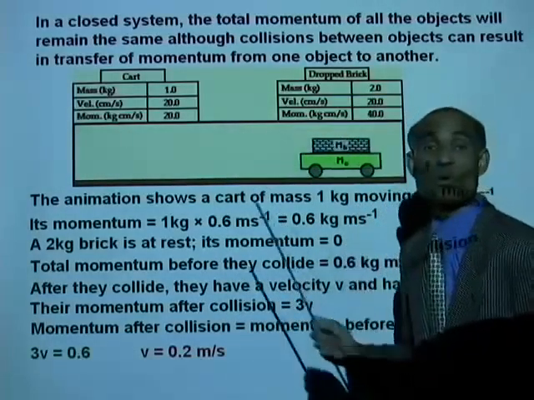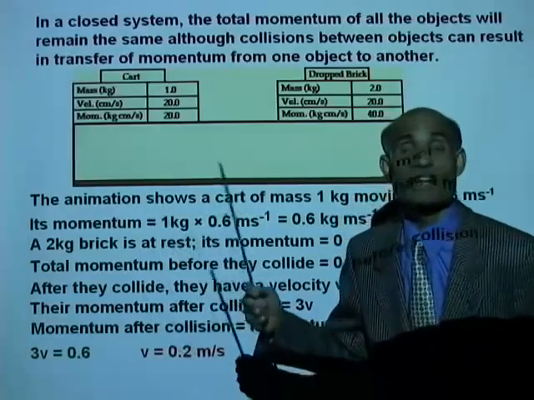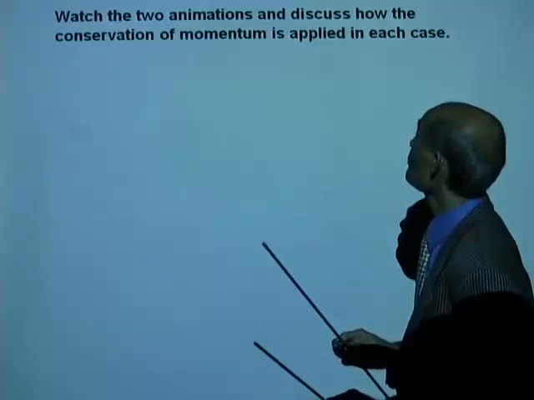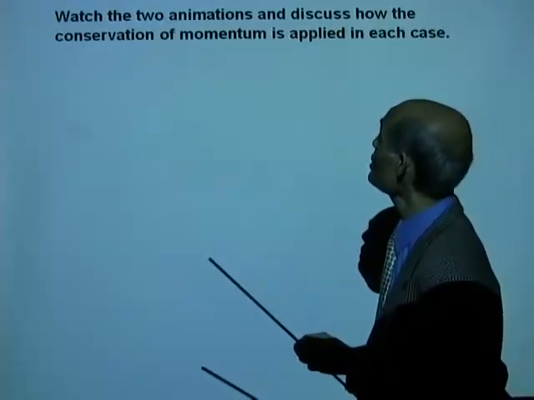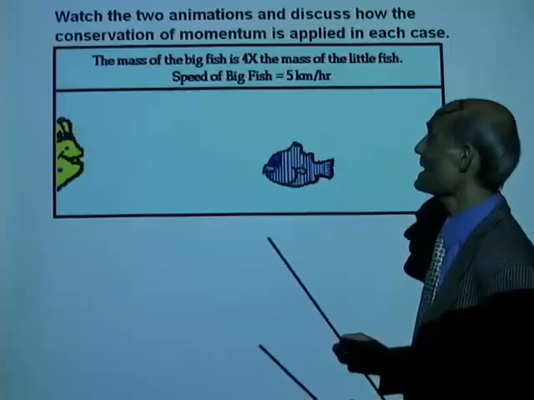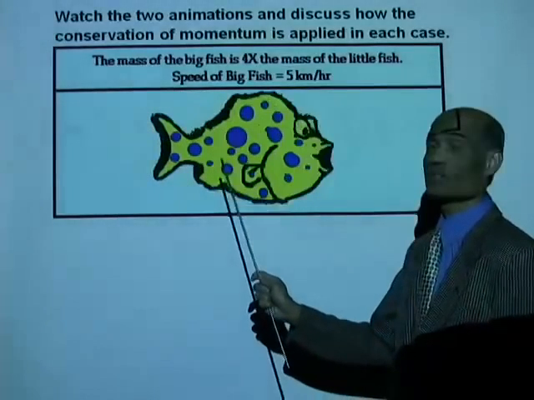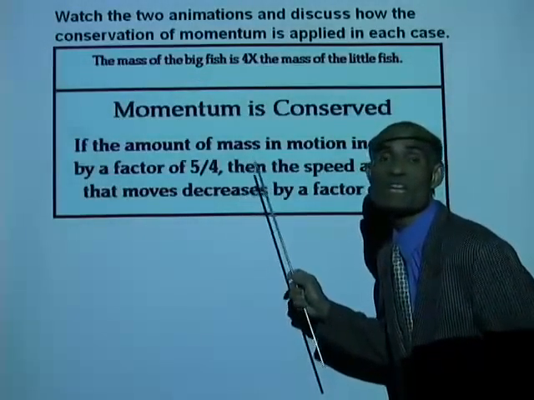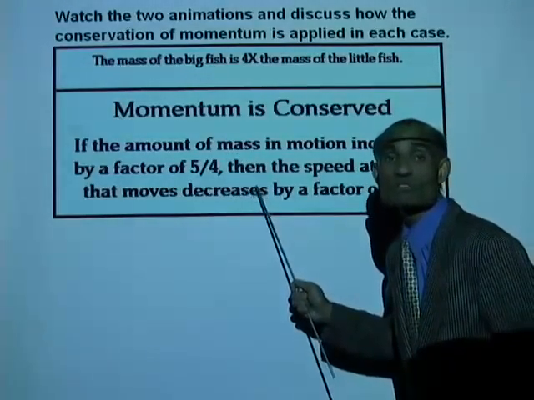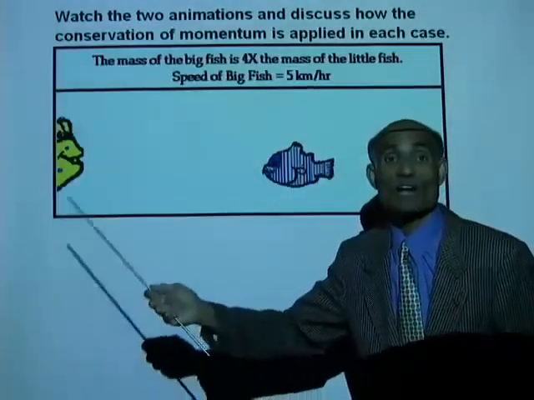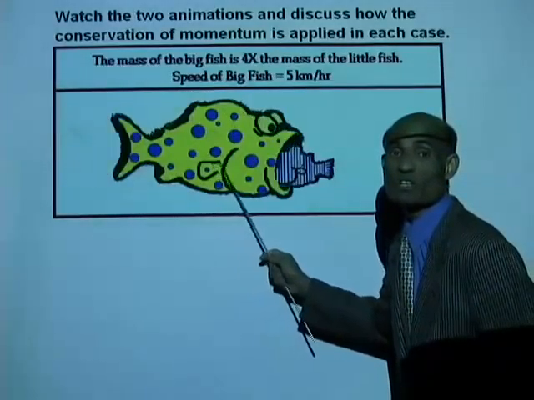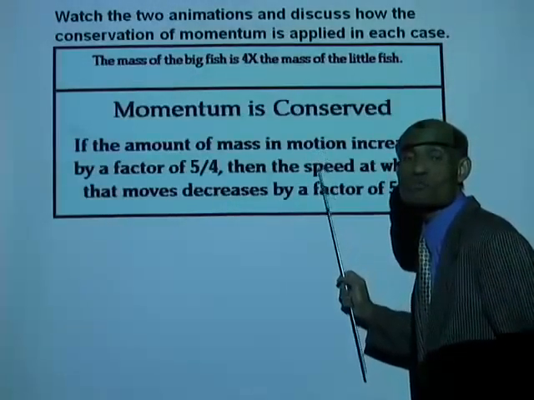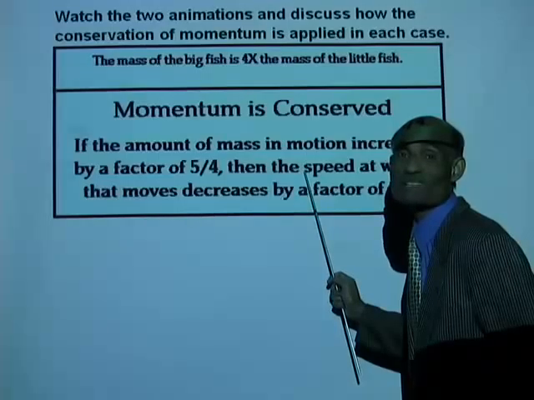Now, a principle of great application in our everyday life. Watch the two animations and discuss how the conservation of momentum is applied here. I'm not going to talk about it. Now watch this and see if there is any connection between this situation and the cart and the brick. The big fish moving to the right swallows the small fish that is at rest.